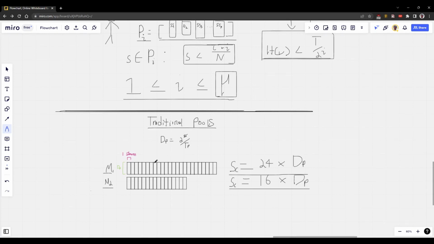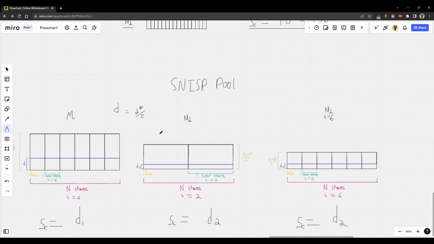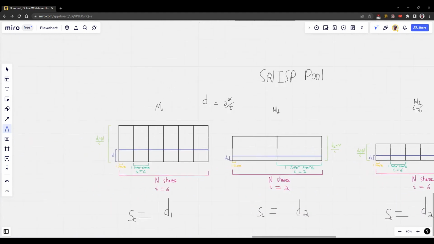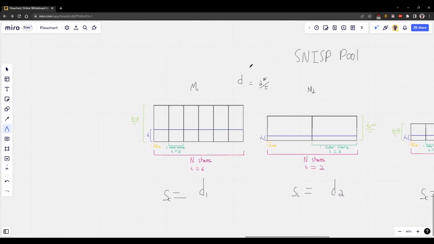Let's look at how a SNISP pool works. Rather than use the number of shares, the number of shares, in essence, is going to be equal. Each miner is going to be aiming to create n shares.